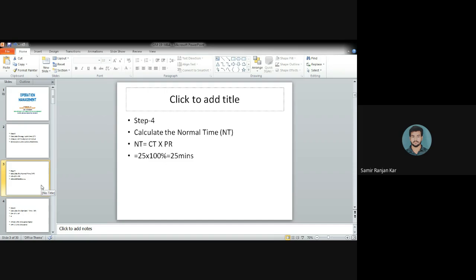If I engage a particular person on a particular machine, for example an operator on a lathe machine for performing machining operations, and it is predefined in the operating manual that the standard time for that job is 25 minutes, and the worker does the work in the same time, that means he has done his work 100%. So according to his performance, I will give him the rating 100%.